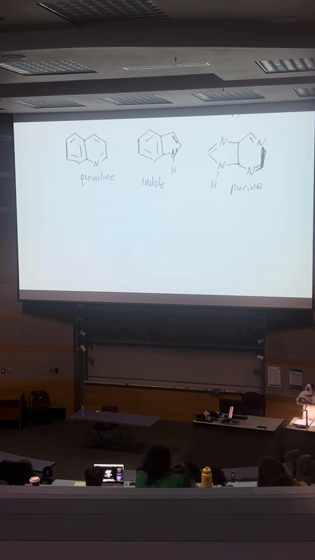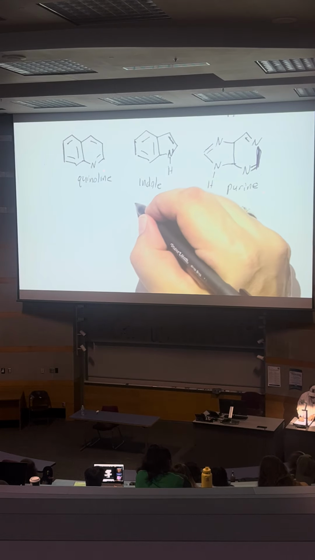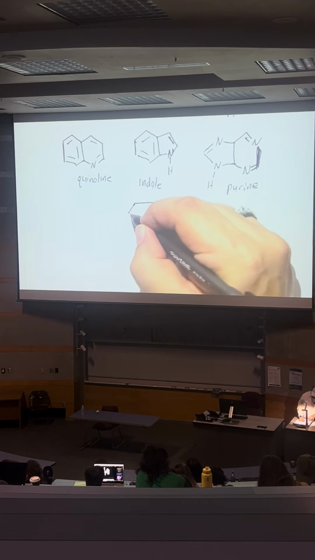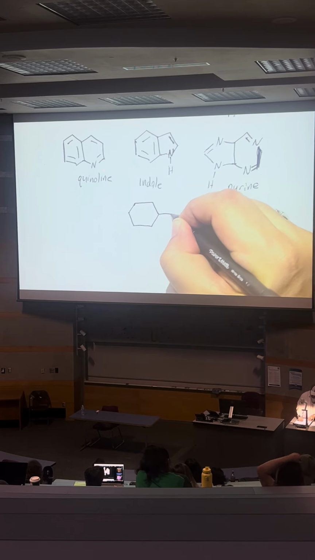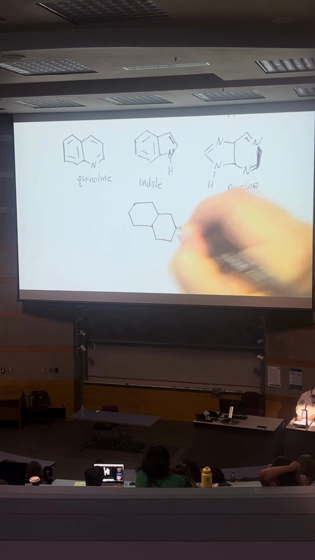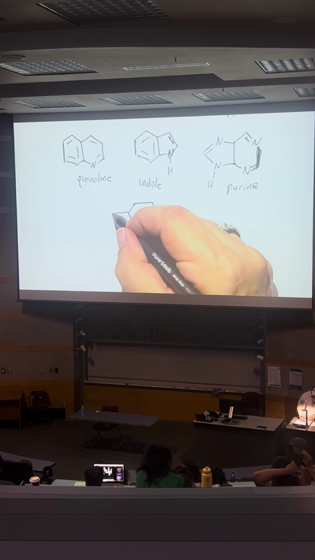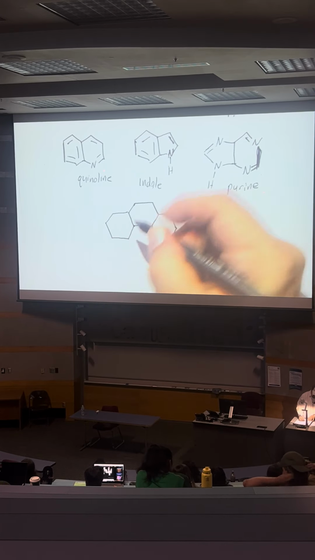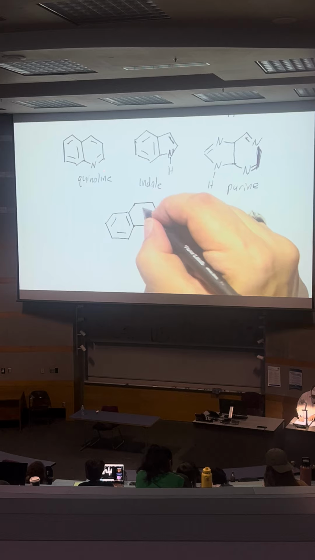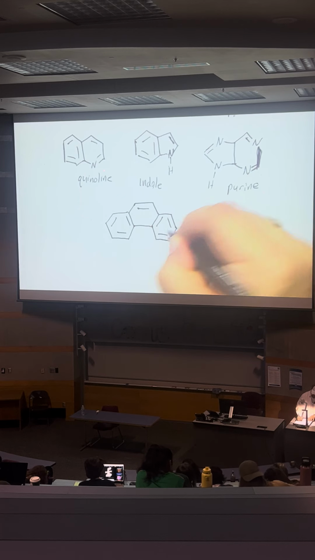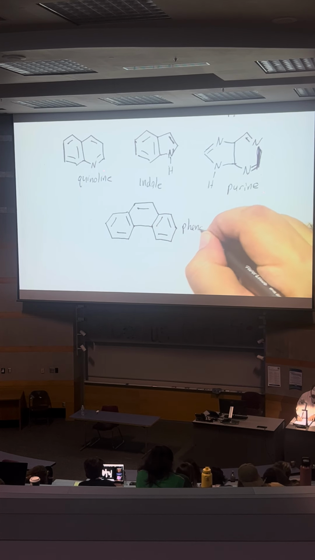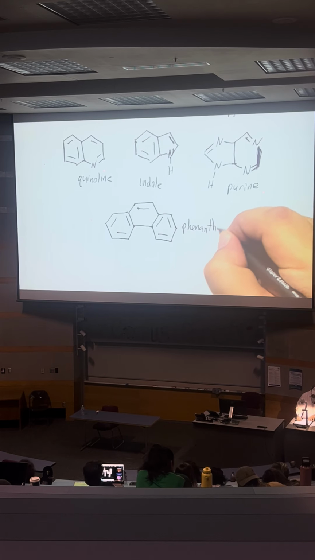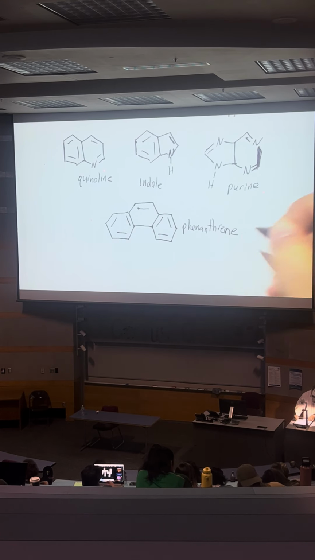And then the last one I want to show you. This one has all kinds of fun derivatives, but I'm not going to go into them too much. This right here is phenanthroline. Phenanthroline is kind of neat because there's a variant in which these two carbons are actually nitrogens.